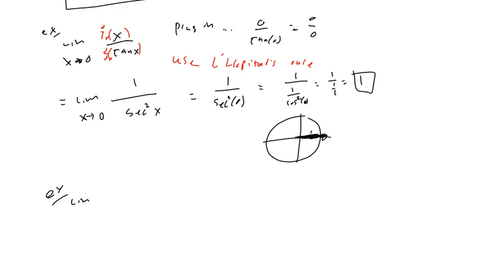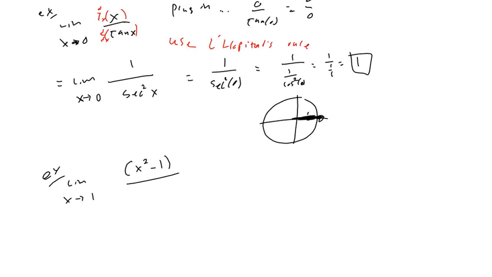The limit as x approaches 1 of x squared minus 1 over... let's see, I'm trying to make a 0 here.